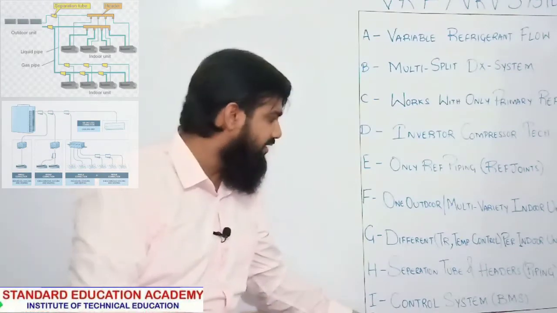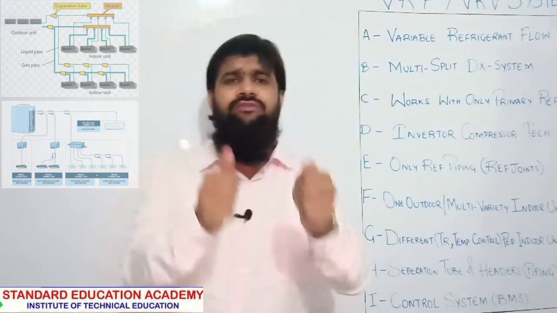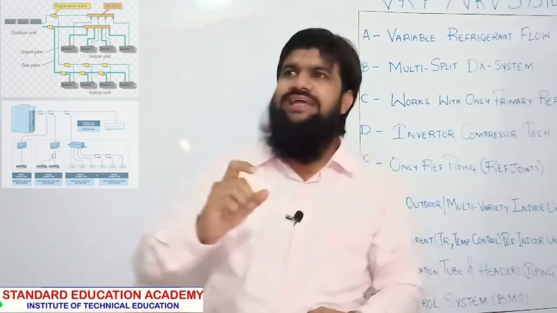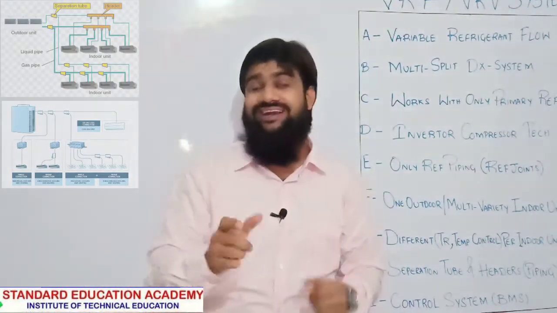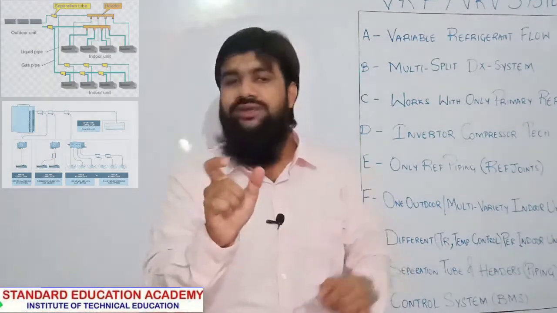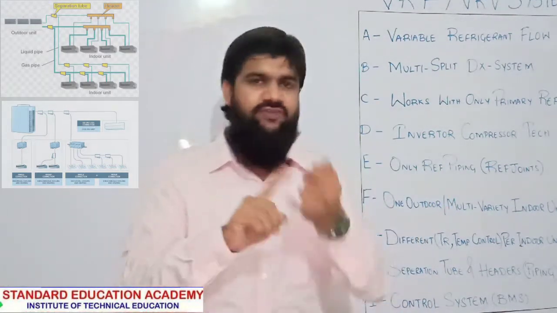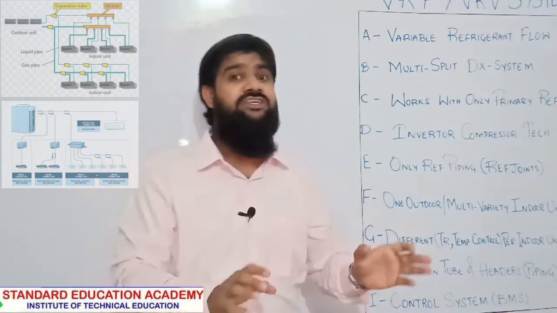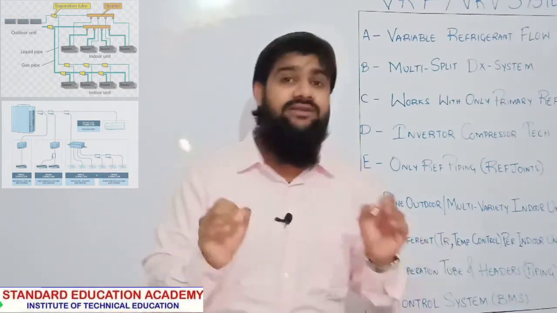Next point, control system, BMS. Our VRF VRV system is totally a champion because it has the best control system. Understanding why? Because every indoor unit is different in all aspects: different in design, different in TR capacity, different as per the CFM, different as per fitting. Understanding?